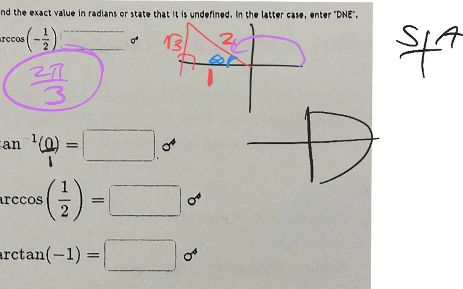Well, this is a ratio of the opposite over the adjacent. In other words, tangent is the y over the x. Well, this is a special case, because the x value should be 1, the y value should be 0, which is here.